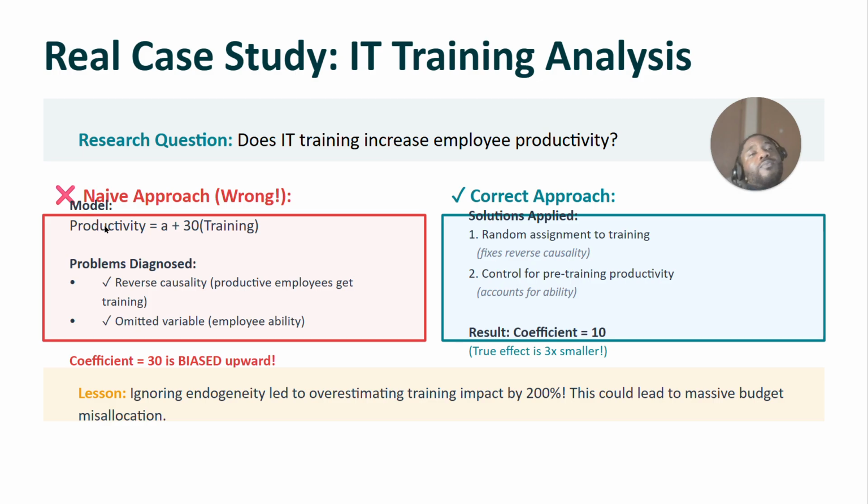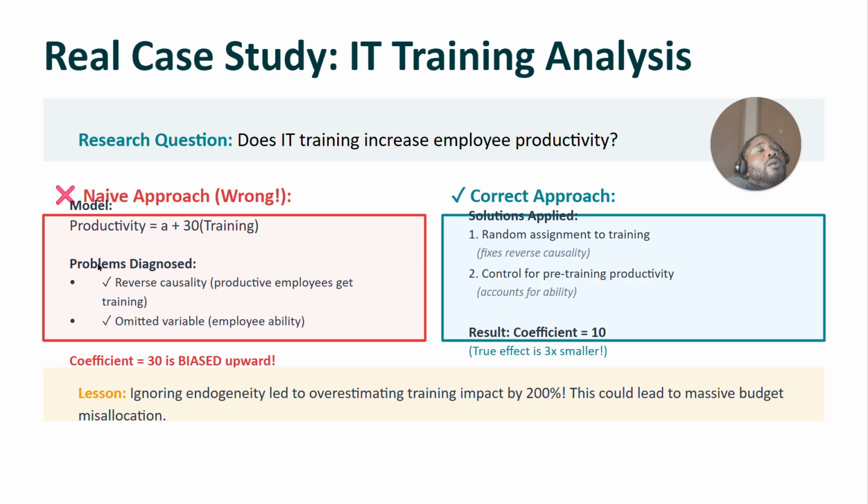Y, the productivity, equals the intercept a, plus the coefficient 30 times training. This is a simple regression equation. If you don't understand this, the equation goes y, the dependent variable, equals the intercept plus the coefficient times the independent variable x. In my video on regression, which I intend to do after this, I cover all of that.